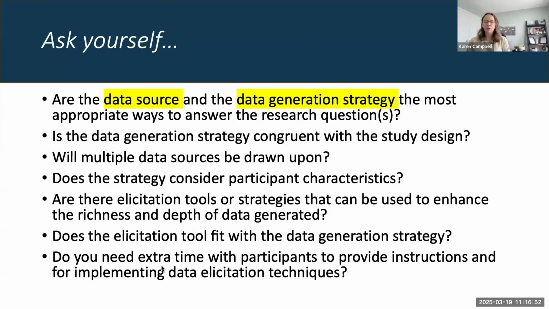I will go over this in a moment, but if you are using something like body mapping or other techniques during your interviews, make sure that you build in that extra time. So be really cautious about the number of questions in your interview guide if you do want to use other techniques as well.